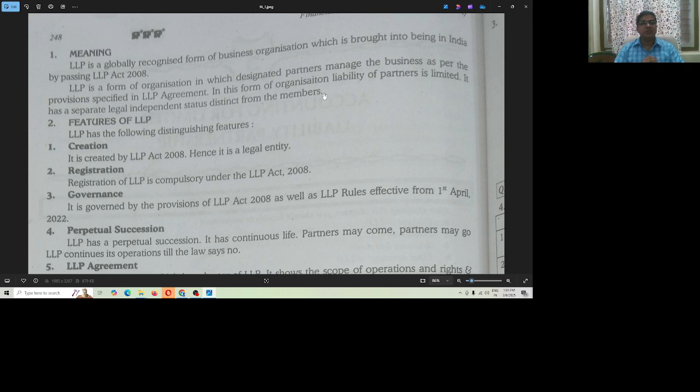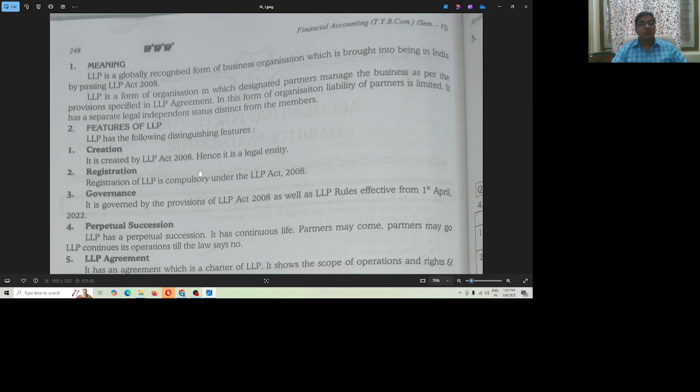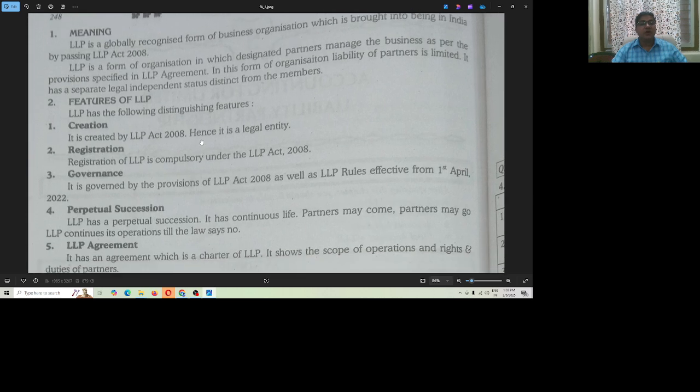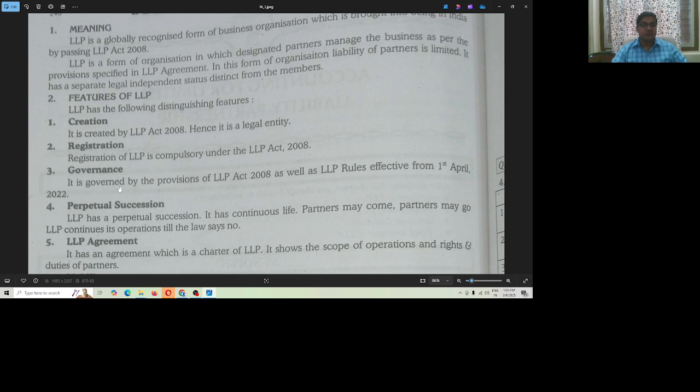Now, what are the features of the limited liability partnership? There are a number of features. It is created as per the Act of 2008. Hence, it is a legal entity. Registration is compulsory under the LLP Act 2008. Without registration, we cannot do the business.